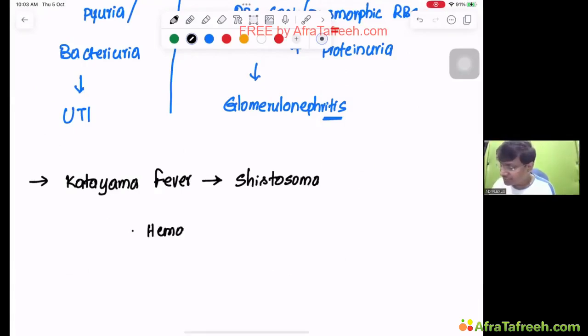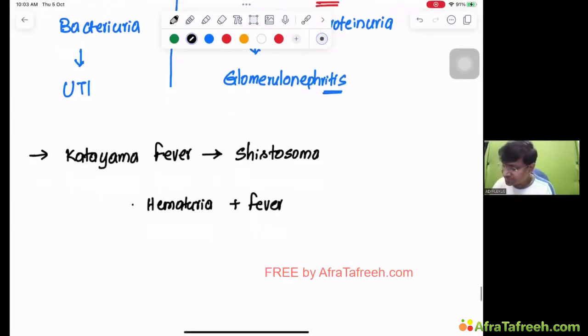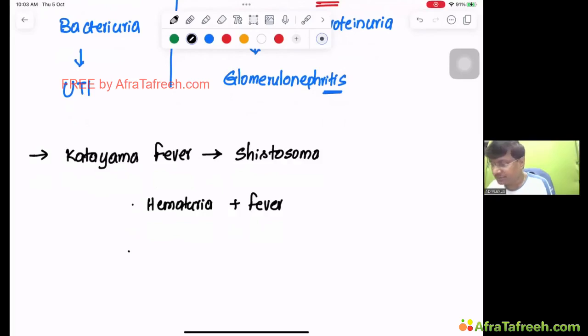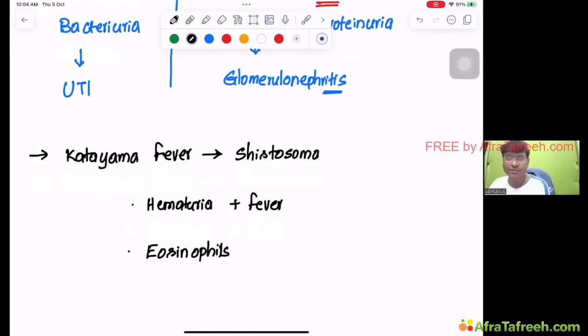Along with hematuria, there will also be fever. Now, Jacob, tell me, because it's a parasitic infection, which cells should be there along with the RBCs? Excellent, that is eosinophils.